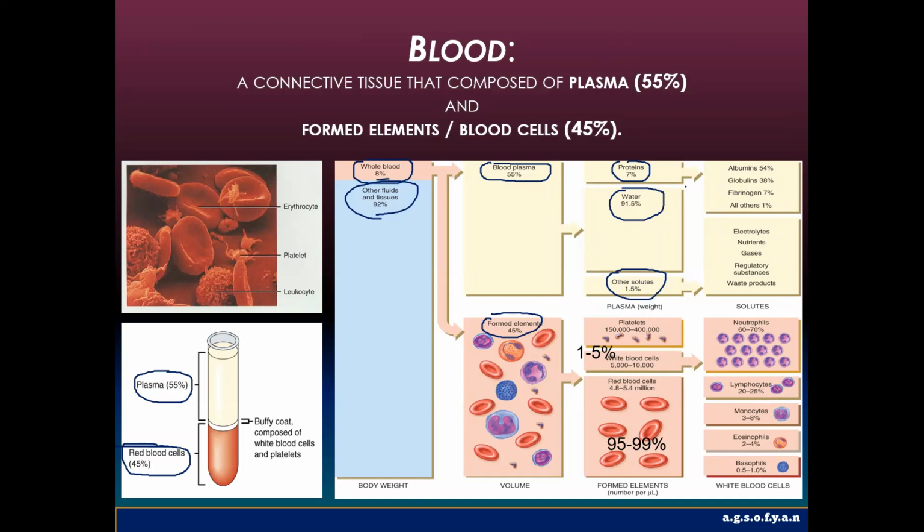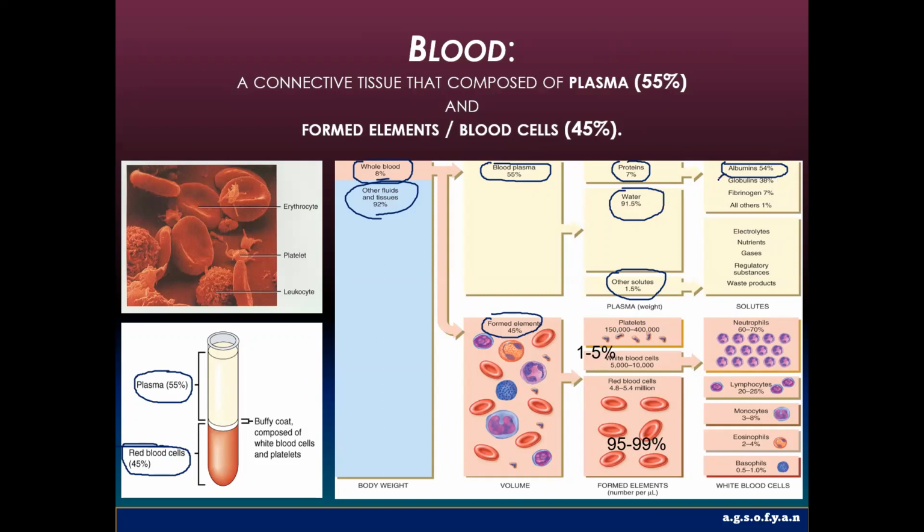Now, if we look at the proteins, the 7% proteins in the plasma, the majority of protein is albumin. Albumin is a type of protein mostly used for transportation and other functions.